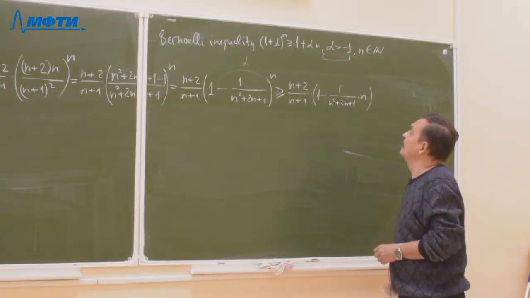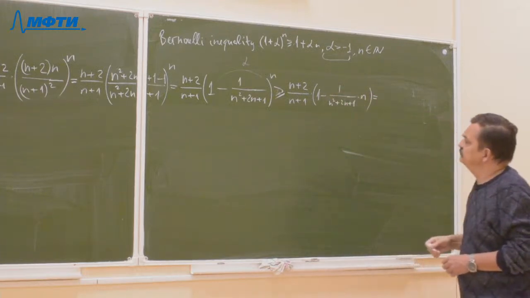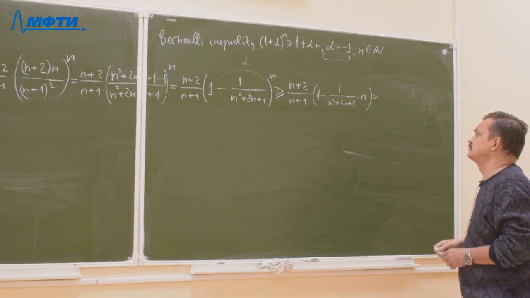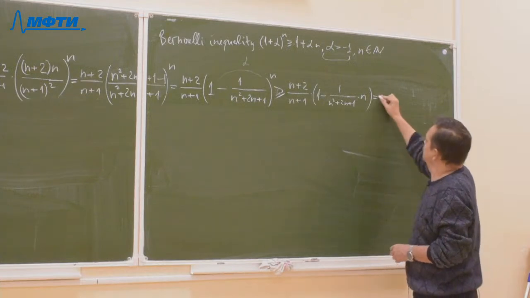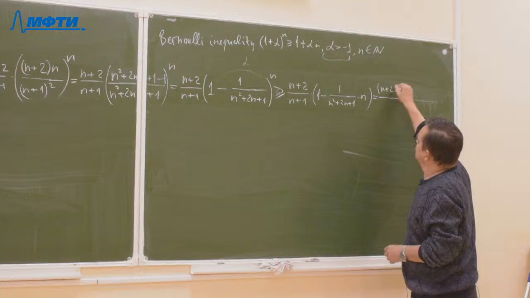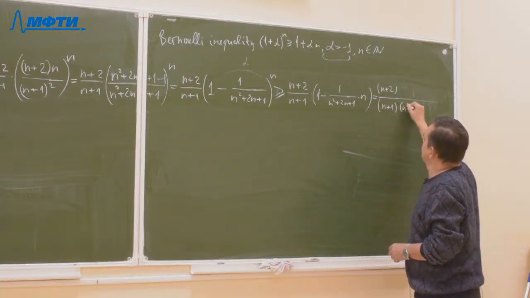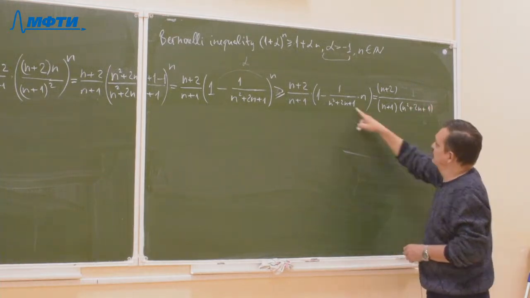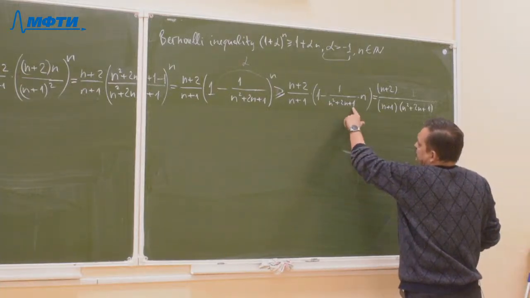Then, if we transform this expression, the common denominator is here, n squared plus 2n plus 1, and so I may write it as one ratio now, (n squared plus 2n plus 1 minus n). So (n plus 2) over (n plus 1) times (n squared plus n plus 1) over (n squared plus 2n plus 1).